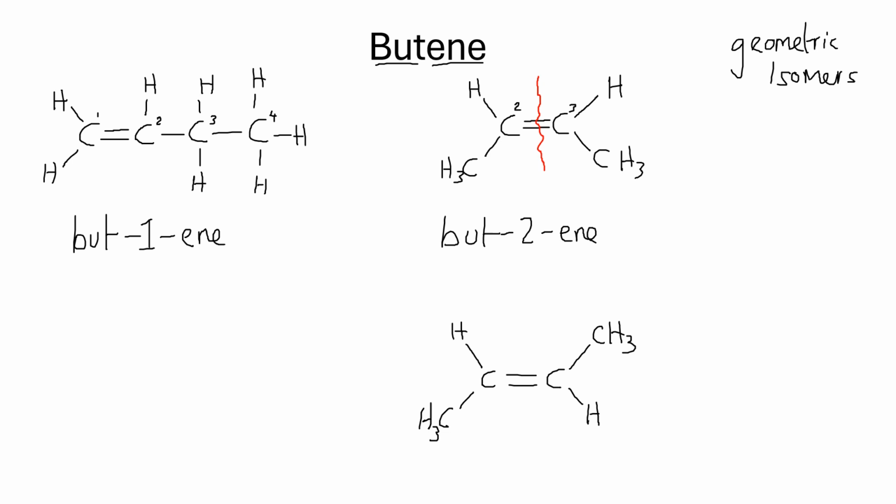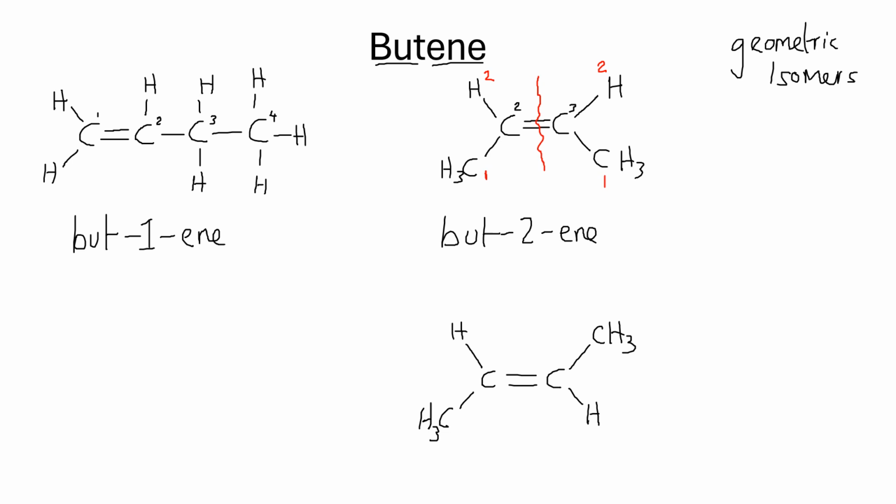So hydrogen versus carbon, and you'd say, right, carbon is higher than hydrogen in terms of atomic number, therefore the carbon has the high priority and the hydrogen has the low priority. And then you go to this side, the right hand side, and you say once again carbon has the high priority, hydrogen has the low priority.